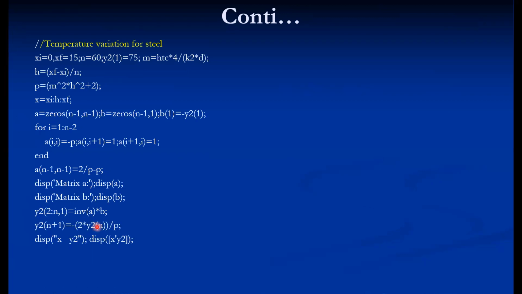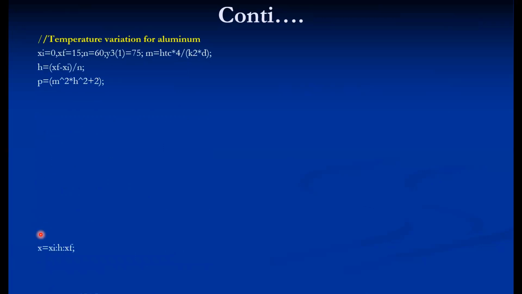Only the change is there, that is Y2. So instead of Y1, this is theta 2, we can say. Theta 2 is for steel, and the rest of the steps are the same again. So this is about steel.